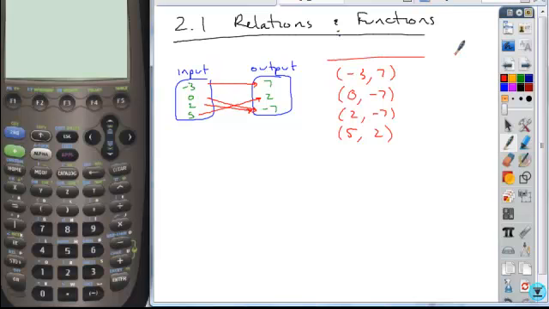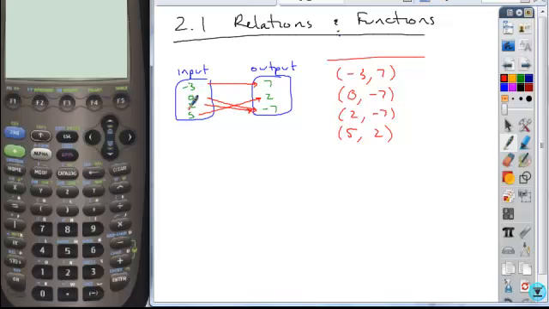So if you looked at this set, is this going to model a function or not? Remember, for something to be a function, inputs have to yield consistent outputs. So none of the same inputs can yield different outputs. Now, can different inputs yield the same output in a function?